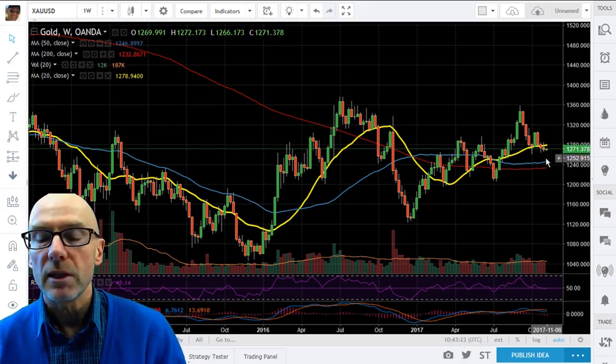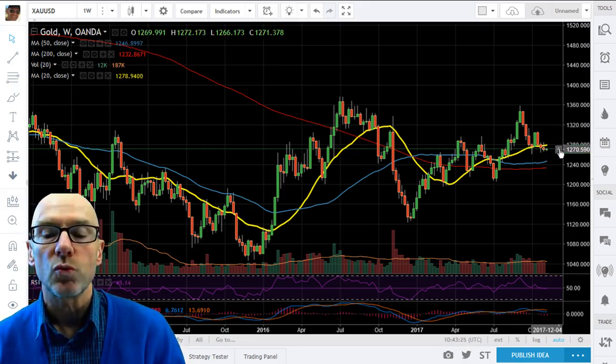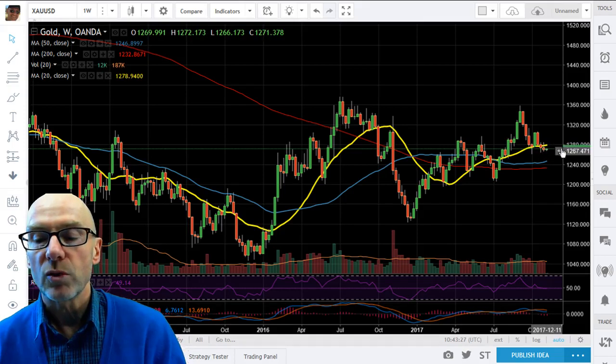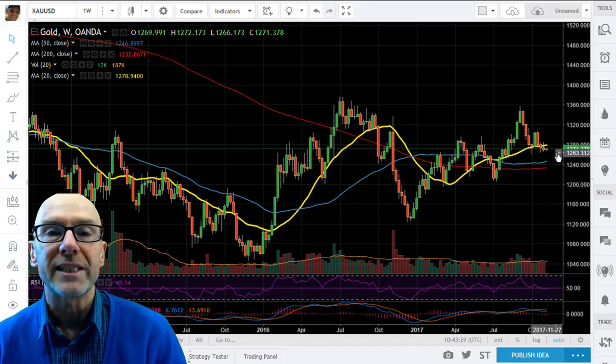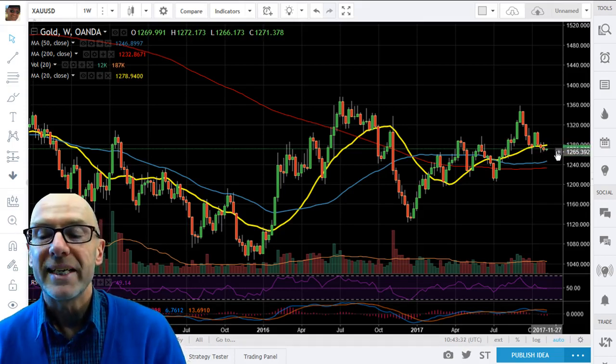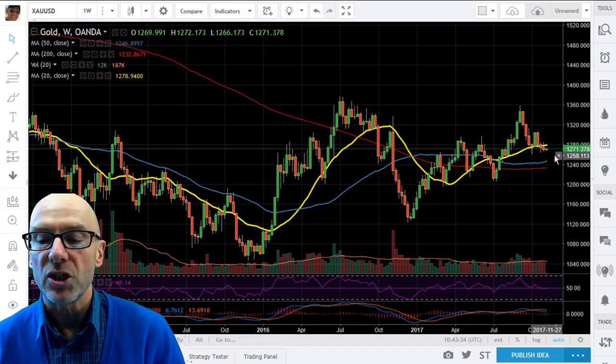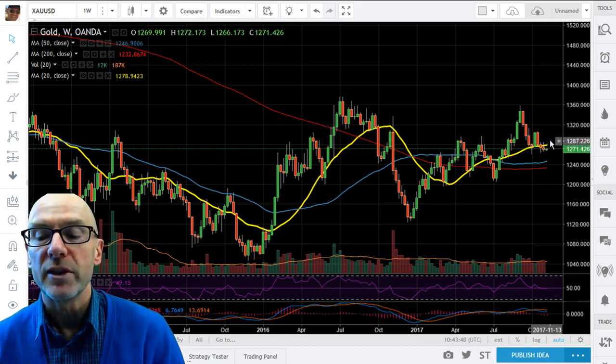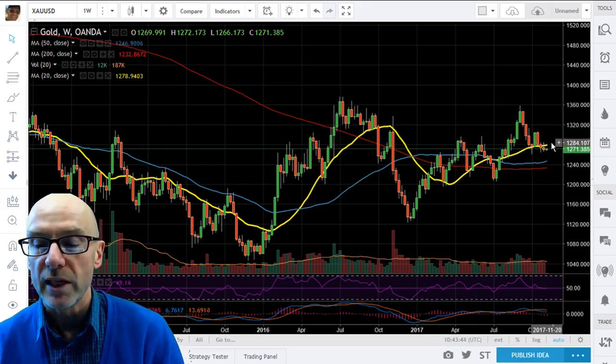Obviously, as we are below it, there's a chance that that will start to roll over. Once it rolls over, it will become resistance and will be a negative influence on this weekly chart. So ideally, if we're going to continue any upward move, you need to get back above that to give it a push up as long as it's moving upwards.